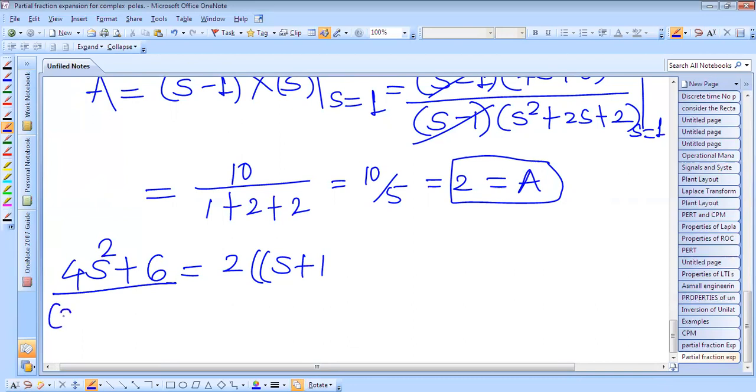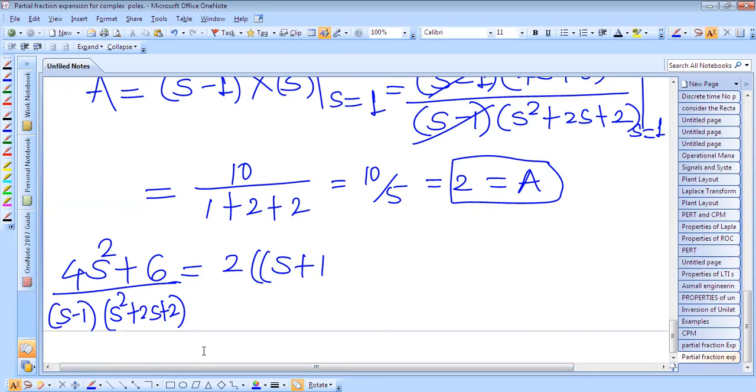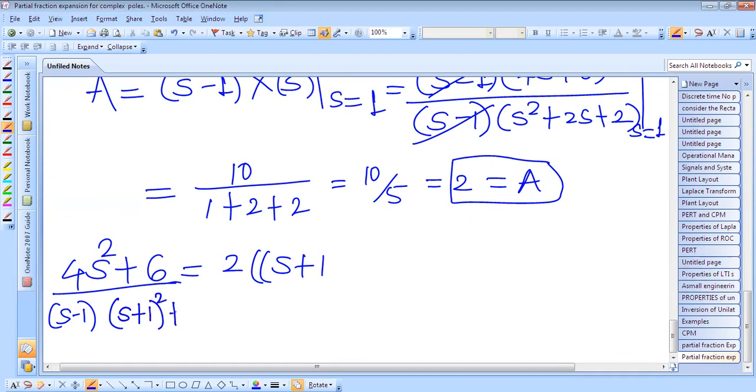This is (s minus 1) into (s² + 2s + 2). We already found the perfect square here, therefore we write (s + 1)² + 1.